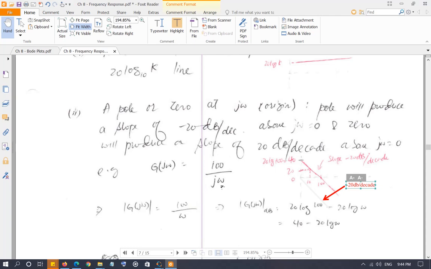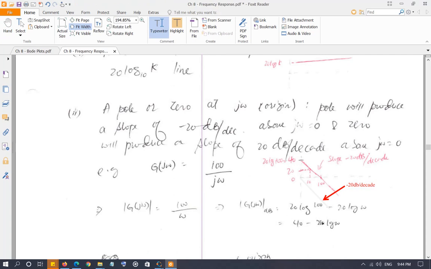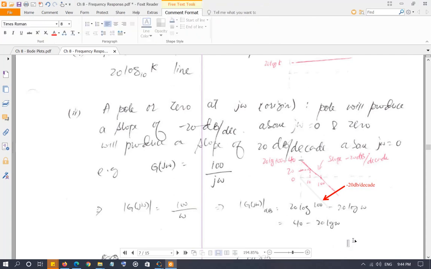Now, if you have a 0 instead of a pole, let's say you have 100 omega, assume j 100 omega instead of 100 over j omega. If you have j 100 omega, then what's going to happen?